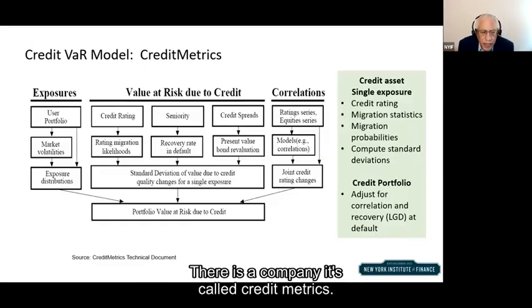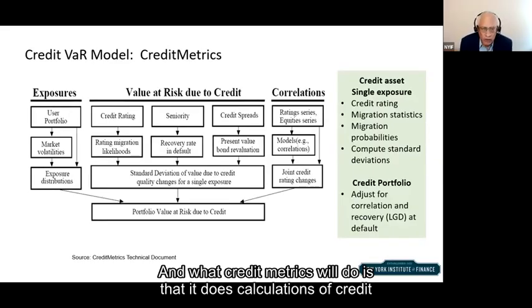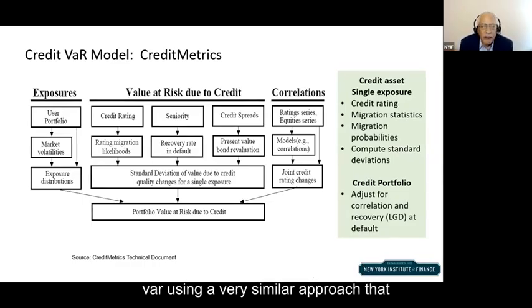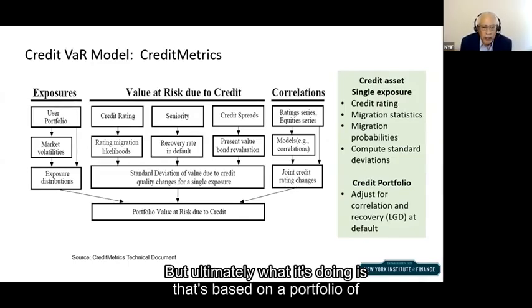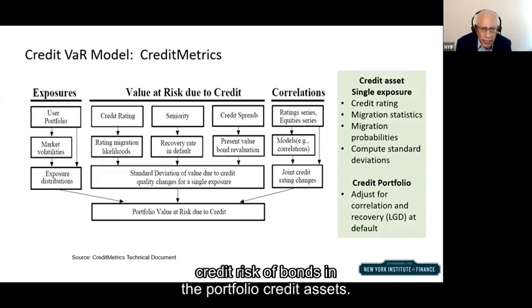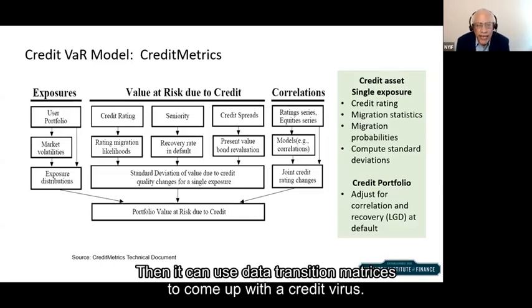There is a company called Credit Metrics. And what Credit Metrics does is it calculates credit VAR using a very similar approach. Now, this is a little bit more complicated in terms of the presentation, but ultimately, based on a portfolio of credit risks, bonds and credit assets in the portfolio, it can use data and transition matrices to come up with a credit VAR.